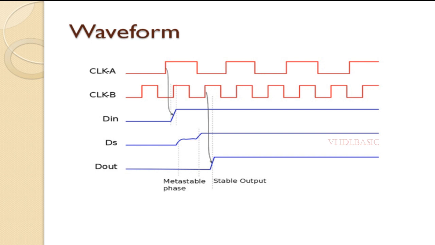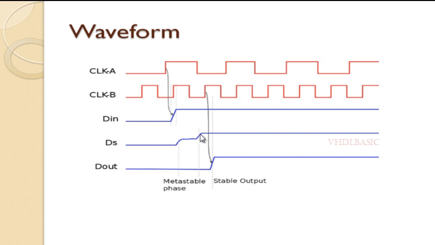So this is the waveform for the two-stage synchronizer. This is clock A, the source clock. Clock B is the destination clock or receiving clock. D in changes with respect to clock A, at the time of its rising edge. If this falls into the setup or hold violation window of clock B, then we will get a metastable state for the first clock.